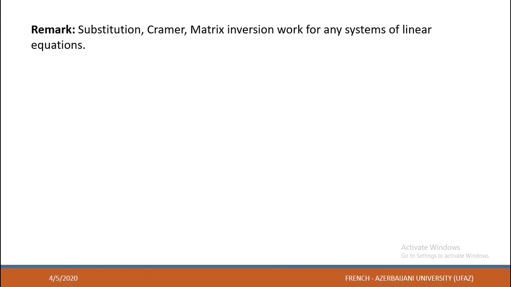I explained substitution, Cramer, and matrix inversion methods for two equations of two variables. But these methods work for any system of linear equations. Let's look at the second basic example of a system of linear equations: two planes in space.